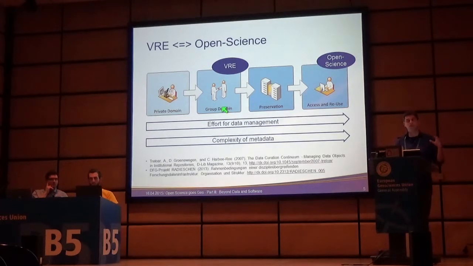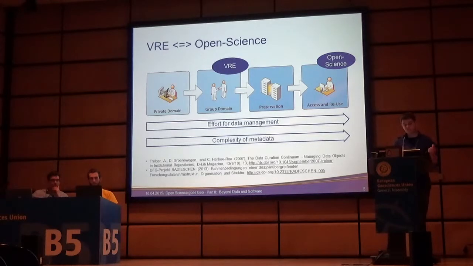The group domain is when researchers form collaborations and work together on infrastructures on the same set of data, but still in a relatively small, confined group. Then we have the domain of preservation, where archives live, and later open science lives in the domain of access and reuse, when you make this data available to a broader audience.